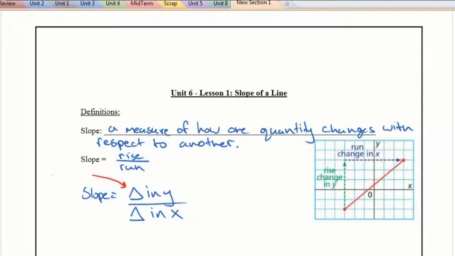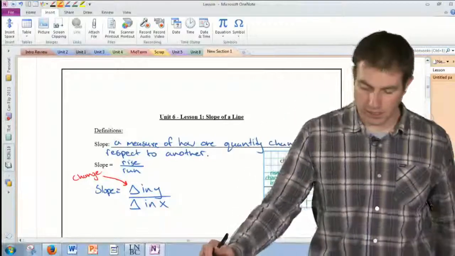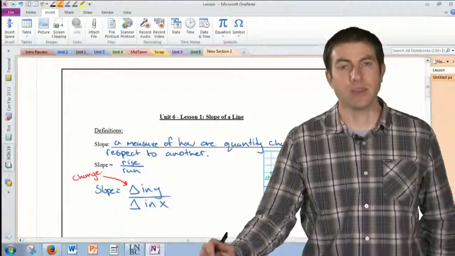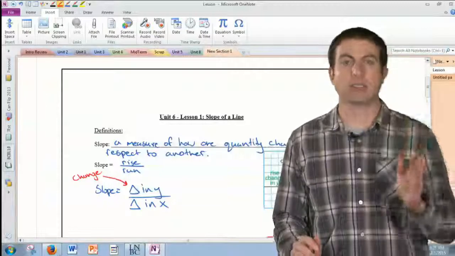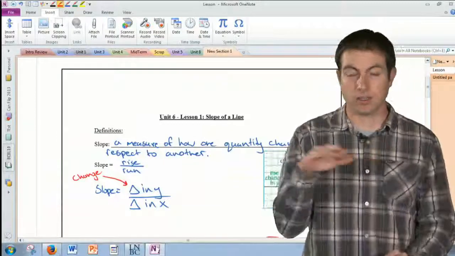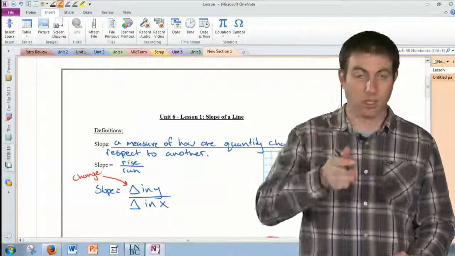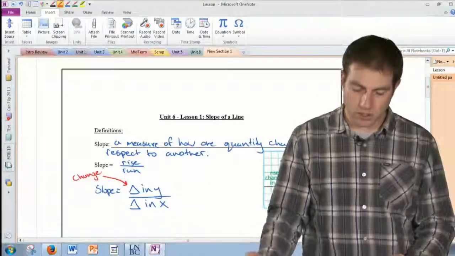The triangle means change. So we have a change in y over a change in x. Now if you think about it, y is the vertical axis, so that is the rise, and x is the horizontal axis, which is the run. So rise over run, change in your vertical over the change in the horizontal.